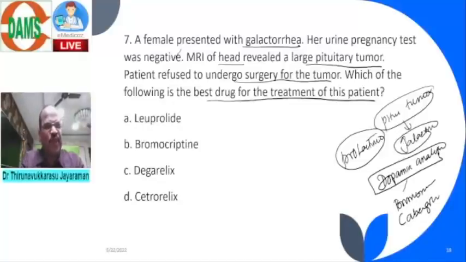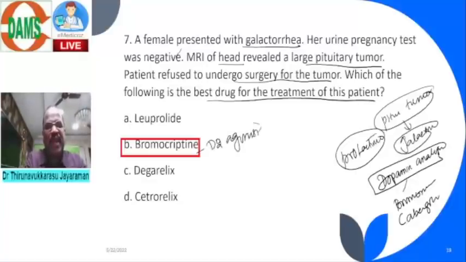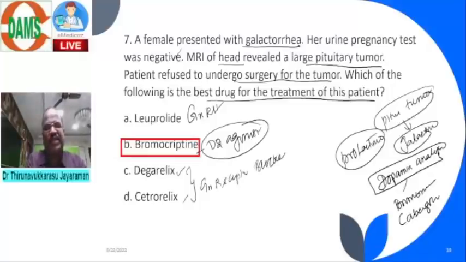The options are leuprolide, bromocriptine, degarelix, and cetrorelix. Very simple. The option is bromocriptine. It is a D2 dopaminergic agonist that controls prolactin release, thereby useful for treatment of galactorrhea. Leuprolide is a gonadotropin-releasing hormone analog, and it has no role in this case. Degarelix and cetrorelix are GnRH receptor blockers, and they also don't have a role in this case.